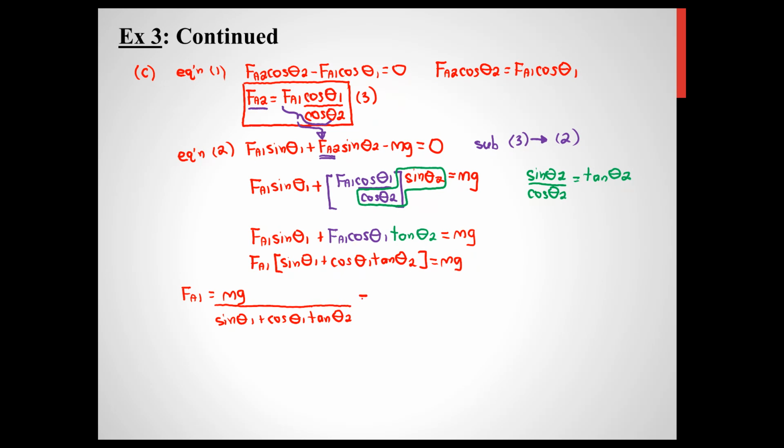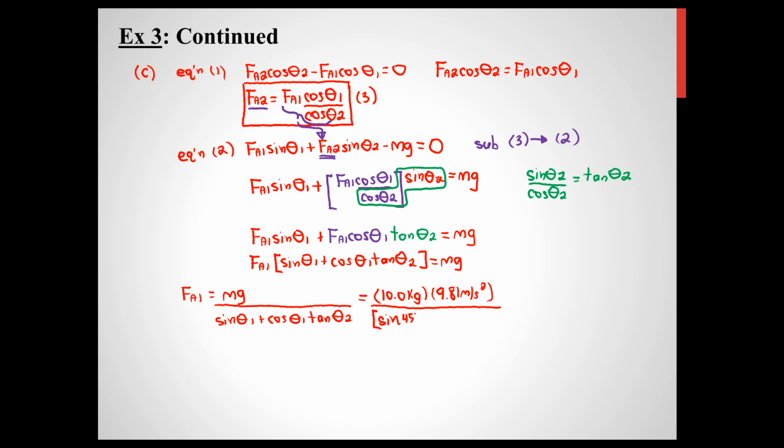And now we plug numbers in. So m is 10 kilograms. G is the magnitude of the acceleration due to gravity. That is 9.81 meters per second squared. Divide this by, let's put everything in square brackets at the bottom right here, just because we have multiple terms in the denominator, we don't want to mess the order of operations up. So theta 1 was the bigger angle, so that's 45 degrees.